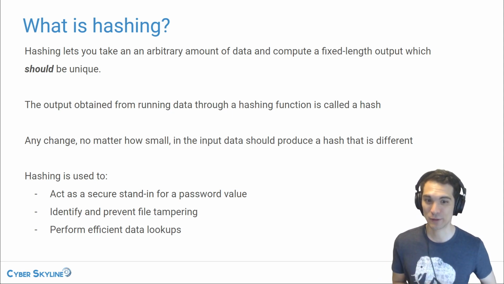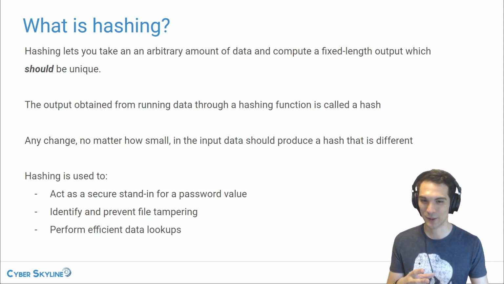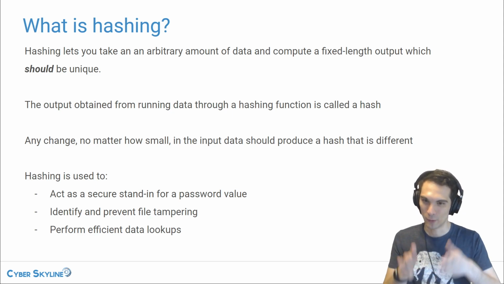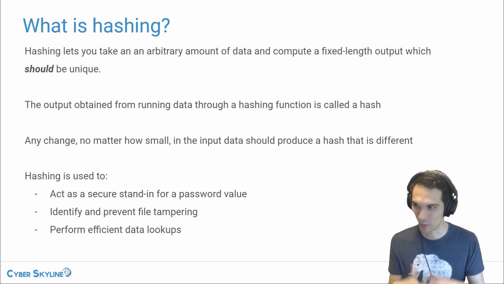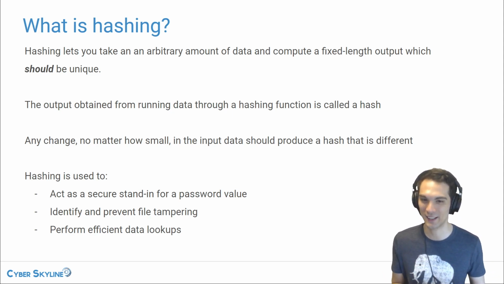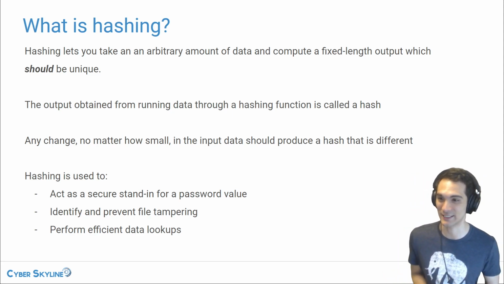So to prevent file tampering, you have to generate a hash of the original file. Some time passes, and you run the hashing function again and verify: is this the same file or is it not the same file?